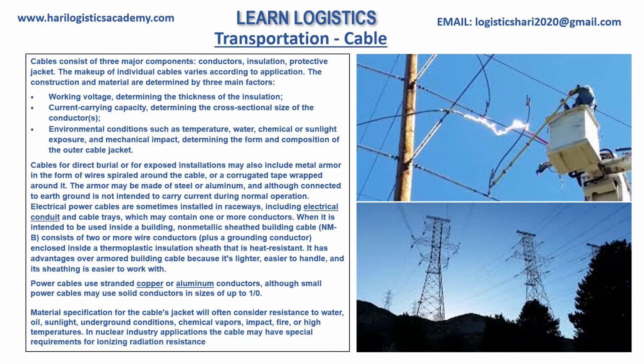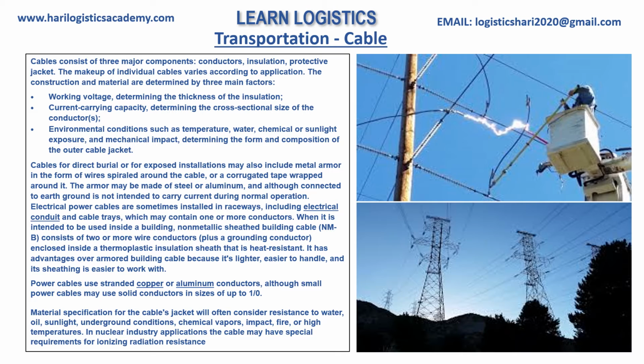It has advantages over armored building cable because it's lighter, easier to handle, and its sheathing is easier to work with. Power cables use standard copper or aluminum conductors, although small power cables may use solid conductors in sizes of up to 1/0.